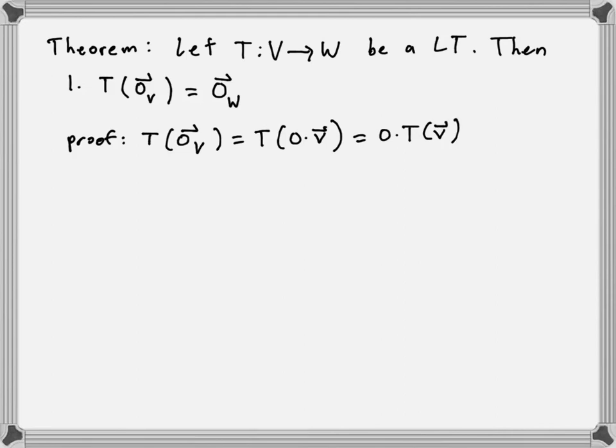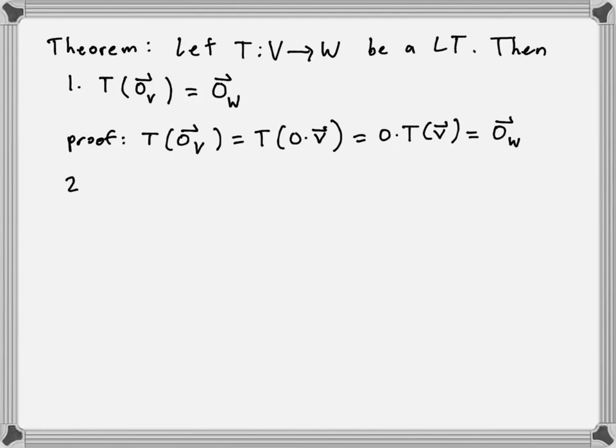This is by property of linearity. And 0 times any vector is always the zero vector, but of course this multiplication is happening in W. So there you go. By linearity, T of the zero vector is the zero vector.